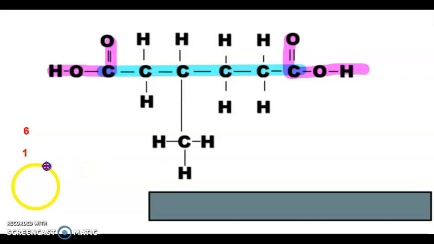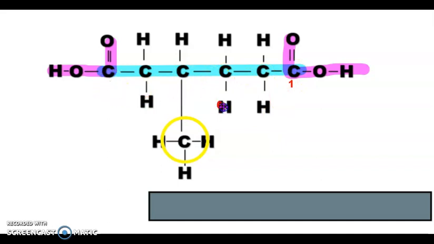Now, what we're going to do is, because we have this alkyl substituent, because we have this methyl, we're going to try and number to get the methyl on the lowest one. So if we made the right-hand side carbon 1 and the left-hand side carbon 6, then you'd see that the methyl is on 1, 2, 3, 4.